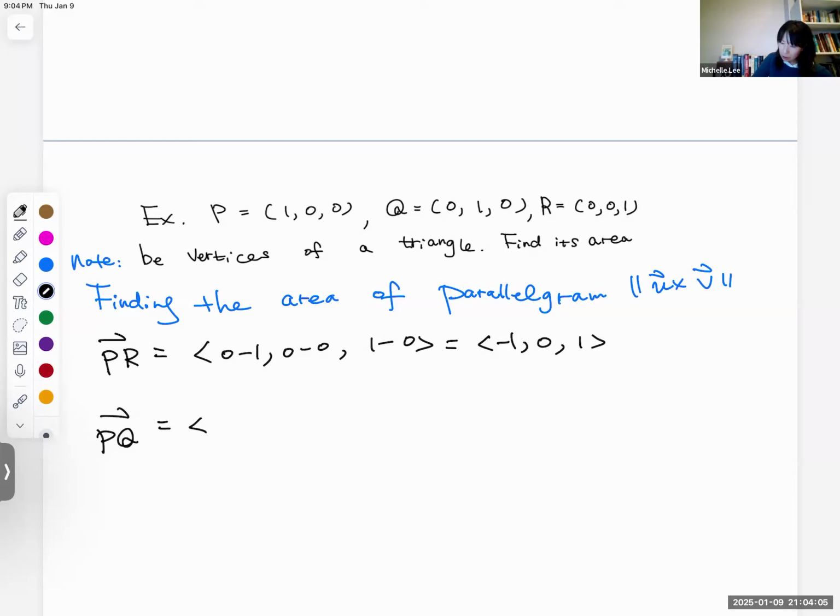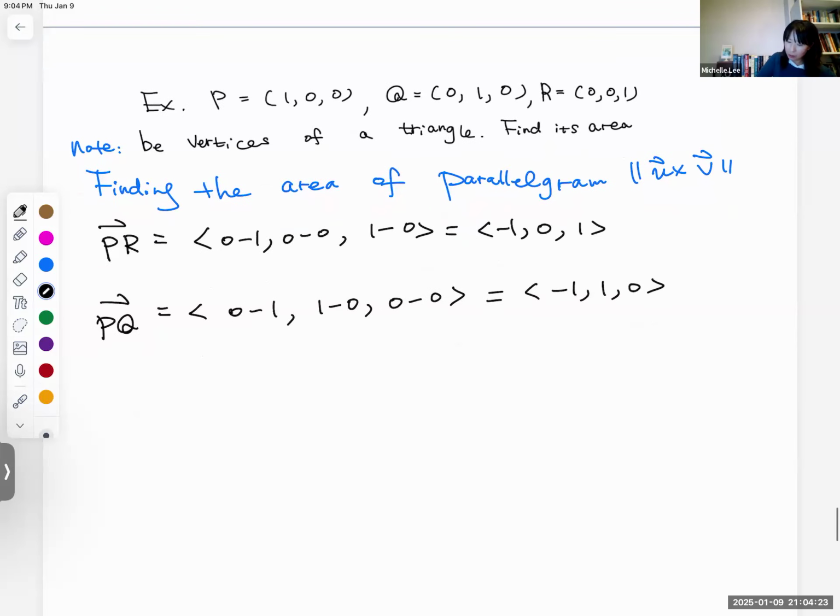Now PQ: 0 minus 1, 1 minus 0, 0 minus 0. That will be negative 1, 1, 0, right?